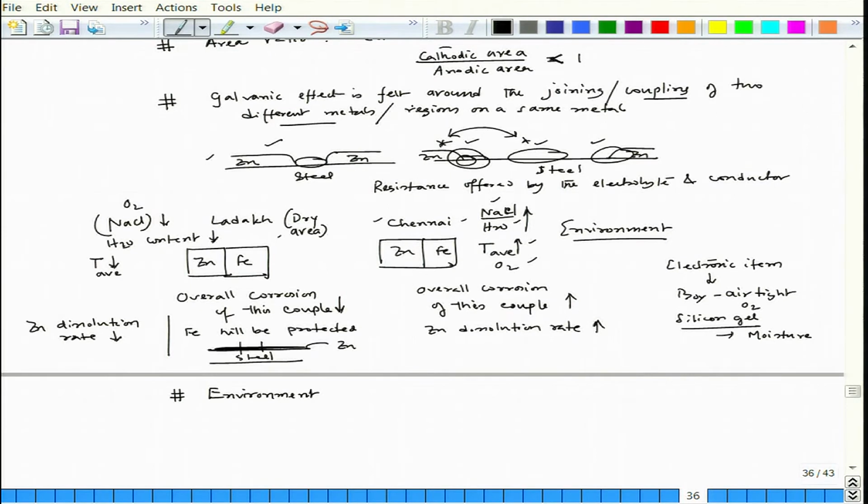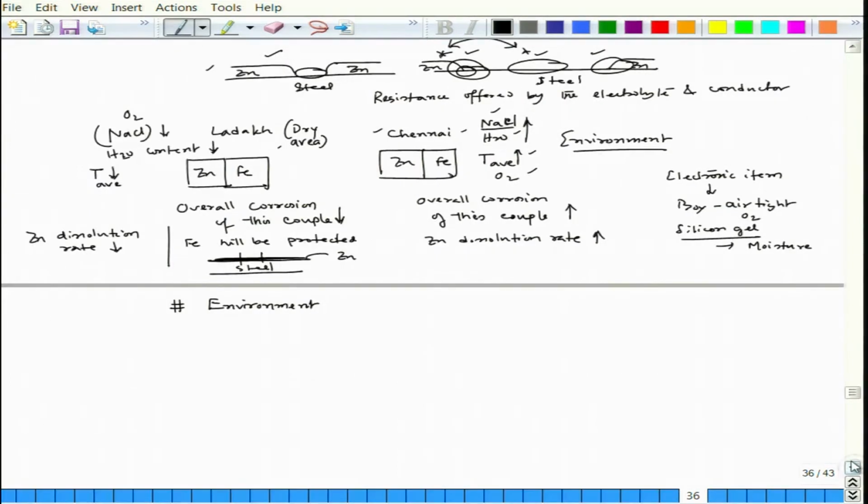So, the partial pressure of oxygen as well as moisture drops, and it is also airtight, so that air does not ingress during transportation, because corrosion of those sheets will also affect the magnetic properties, which are important for making the transformer. So, there also we take care of moisture as well as oxygen. That means if we can take care of oxygen and moisture, we would have a lowering of the corrosion rate. So, environment is also a very important factor.